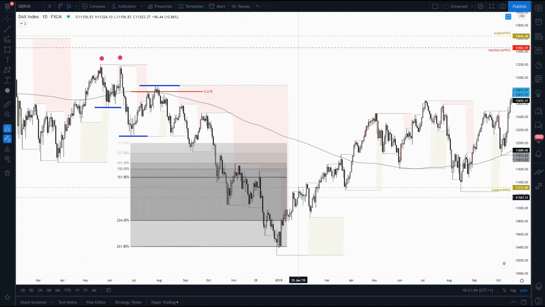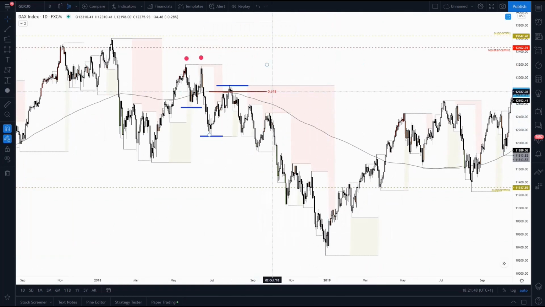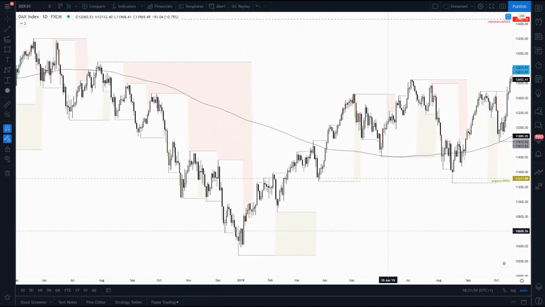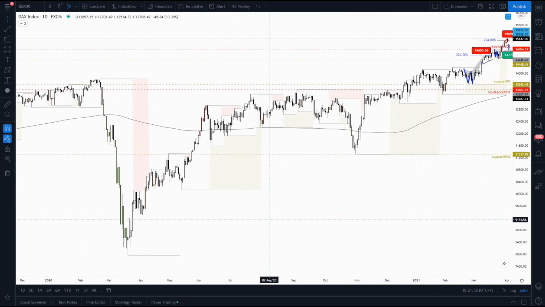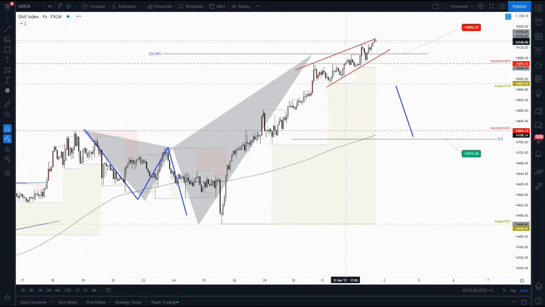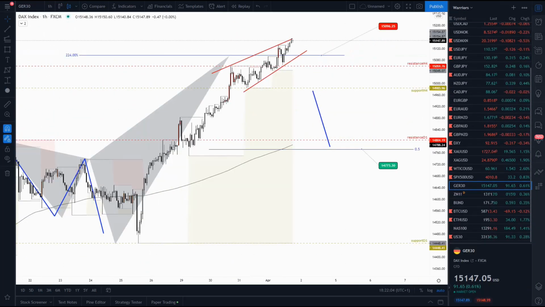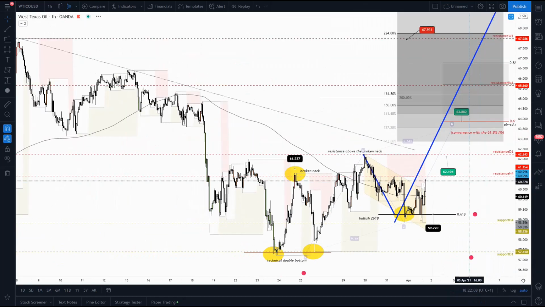So that being said, I shared that pattern multiple times already. I believe some of you are already familiar with that pattern, you already know how powerful that pattern can be. And again, I'm not saying crude oil will rally from these levels. I really don't know if that will happen.